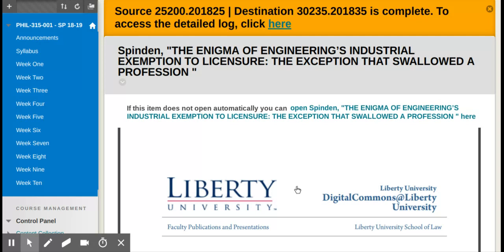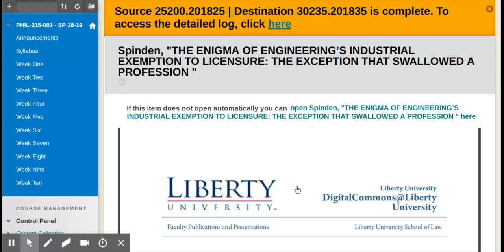It's a long essay. You should at least read the part at the end, which is really where he makes his point. The first part is really just making a foundation in history, but the second part is his argument against the guy who's defending the industrial exemption, which is an interesting argument. The guy defends the industrial exemption on the basis that engineers who work for large corporations cannot be thought of as being in any danger to the public because their companies take responsibility for their work.